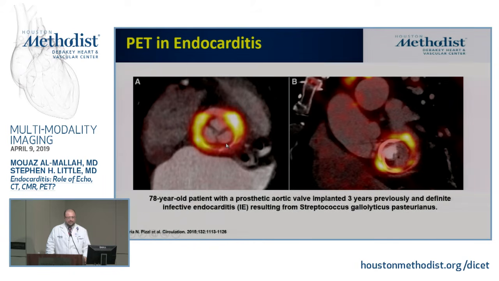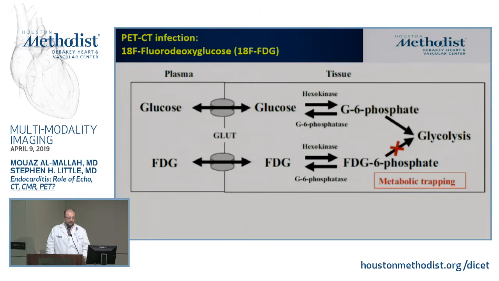We're using FDG, which is fluorodeoxyglucose, and we're trying to image not the myocardium but the neutrophils and the macrophages. Ideally, when I inject it, I want it to go inside the macrophage cell to the mitochondria and get stuck there, because it doesn't go into glycolysis. That F18 is then what we can image.